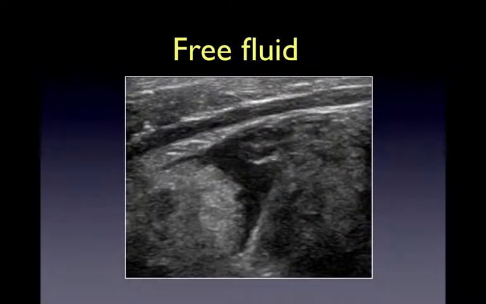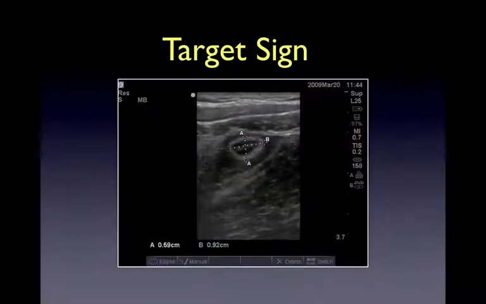The next slide is a zoomed-in picture of intra-abdominal free fluid, which is the hypoechoic area in the shape of a lightning bolt. Here we have appendicitis seen in a transverse or short axis view, giving a target-like appearance.